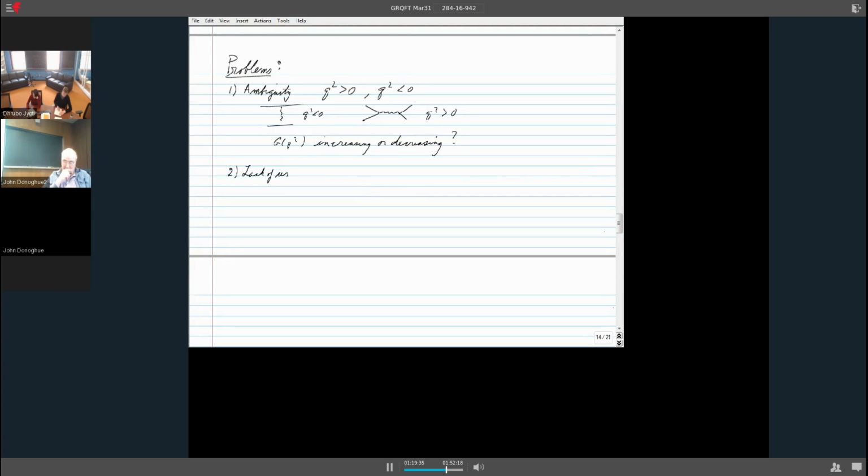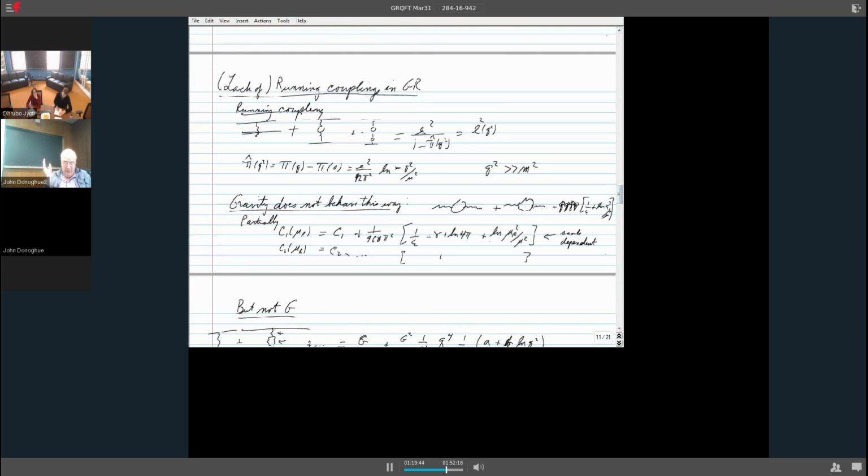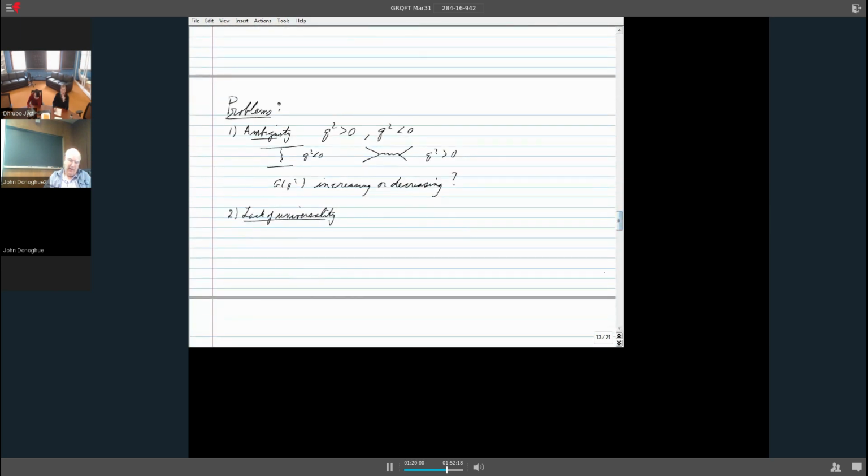Well, there are some problems with it. So let's do problems. Well, one is that there's an ambiguity, because Q squared can be greater than 0 or Q squared can be less than 0.